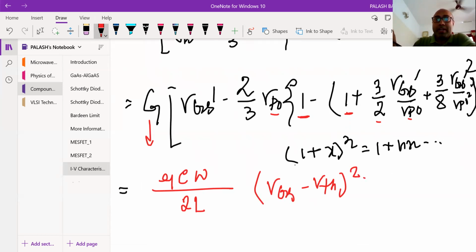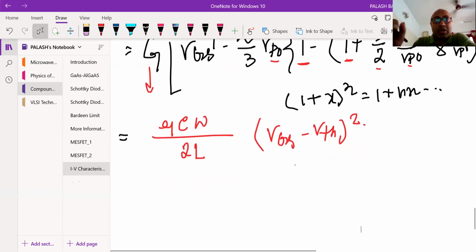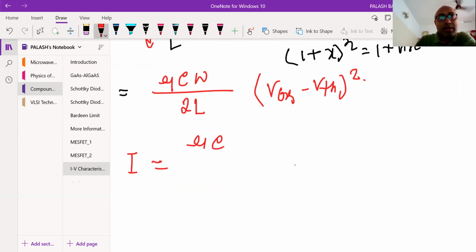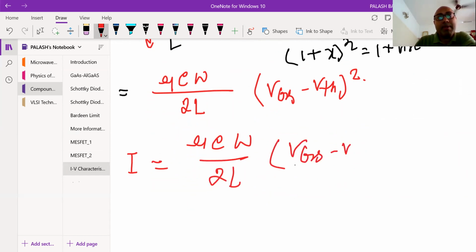What is important over here? Your final current expression will come as mu C W by 2L, VGS minus V threshold whole square, which is exactly the IV characteristics of MOSFET.